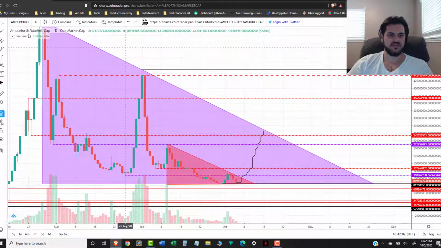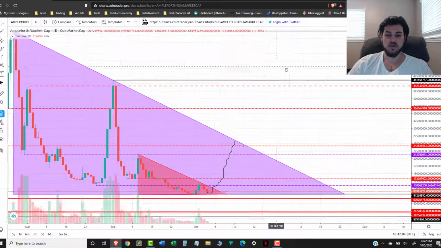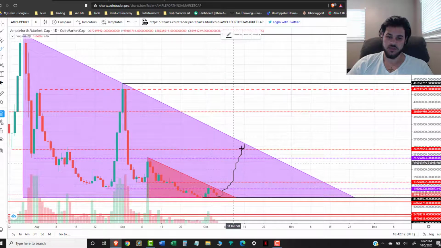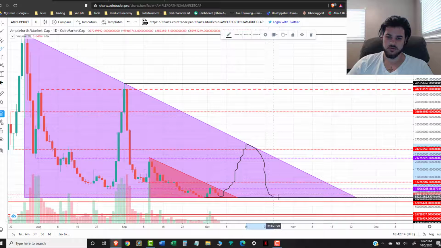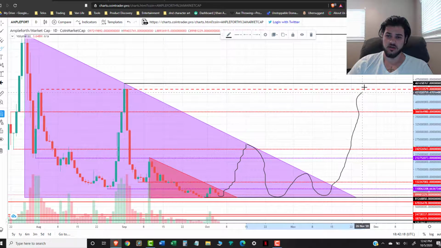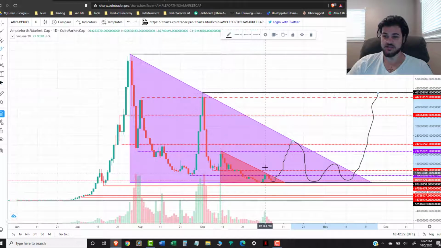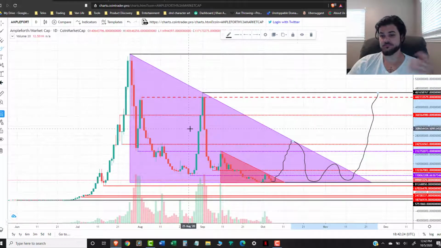But my feeling is that the next big move that Ampleforth is going to make is when we break this weekly descending triangle. I wouldn't be surprised to see something along the lines of pulling up here, coming down, and then having our breakout eventually. And from there, I think it'd be a reasonable expectation that we get to this 46 million and above.